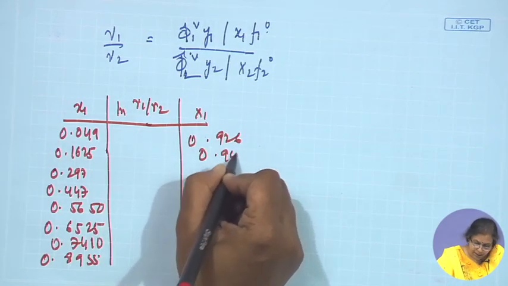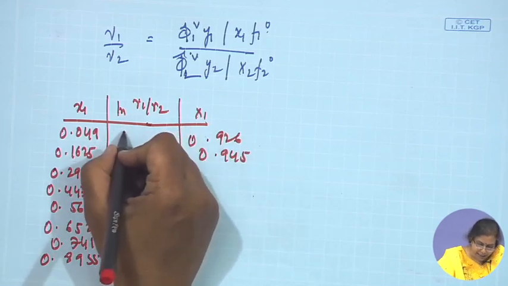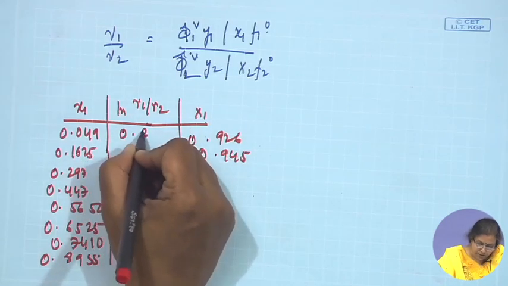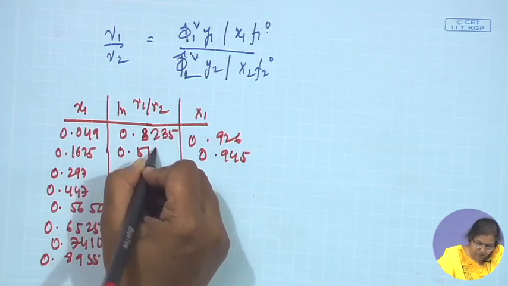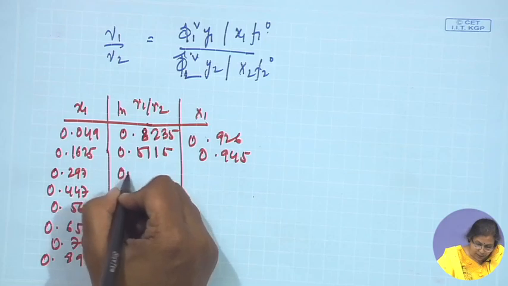0.926, 0.945. The corresponding ln gamma 1 by gamma 2, gamma 1 and gamma 2 we had already calculated in the last class. So, therefore, you can calculate this.